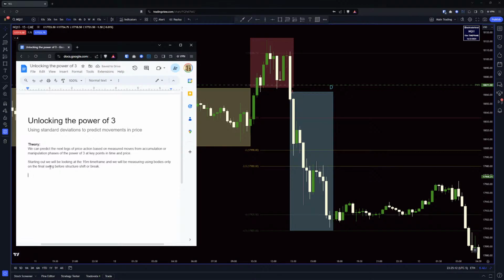Now, another thing to keep in mind, the next move will not start until the current move finishes, right? Now, there's a couple of little caveats to that. The current move does finish at -2 sometimes, but that's usually when you're going in at a retracement and it's not actually a new power of 3 move, if that makes sense.